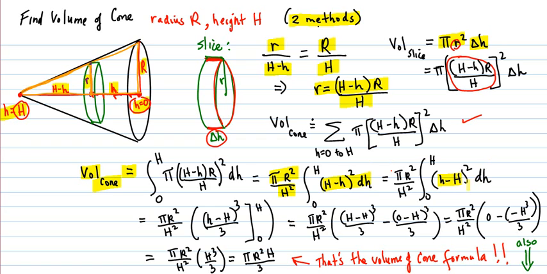Then, using a little calculus trick, instead of doing u substitution on this, which we certainly could do, could have done u equals little h minus capital H. And instead of doing that, I realized that if I had this u is equal to h minus H, du would have been dh.